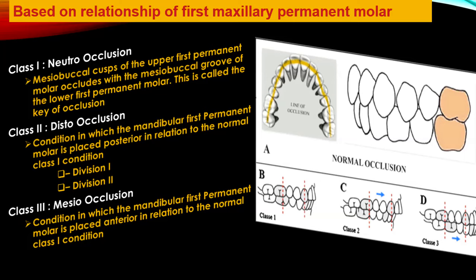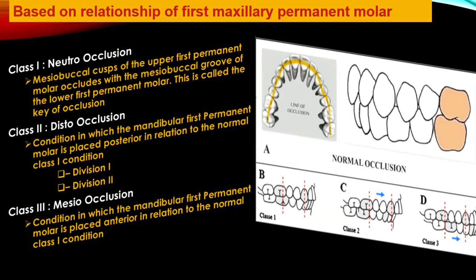Class 2 وعندنا ال first permanent molar posterior in relation to the lower, مثل ما نشوف هنا. طبعا class 2 we have two divisions, division 1 and division 2. The condition in which the mandible first permanent molar is placed posterior in relation to the normal class 1 condition.